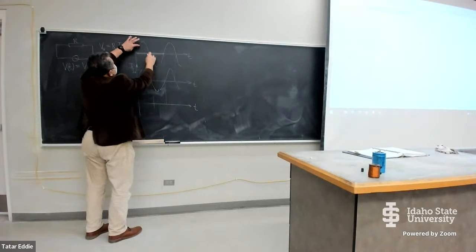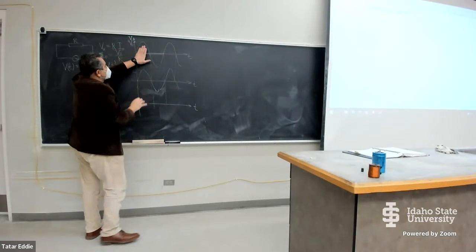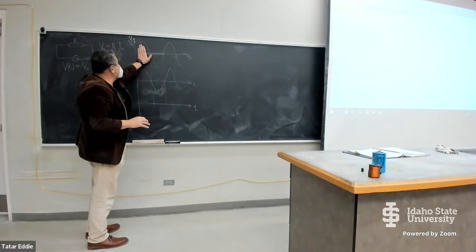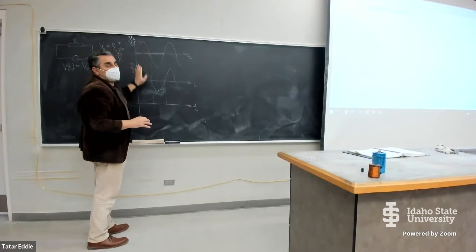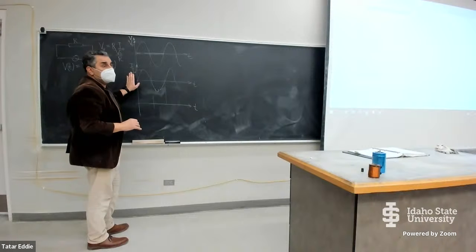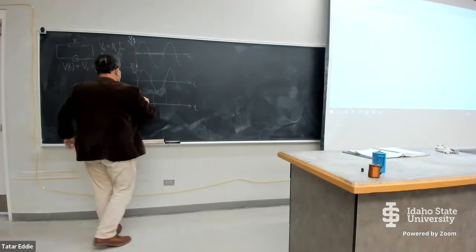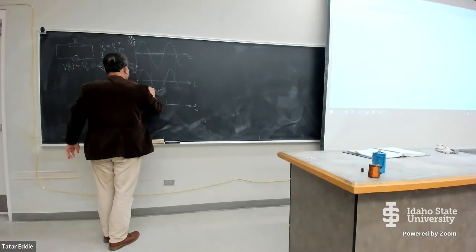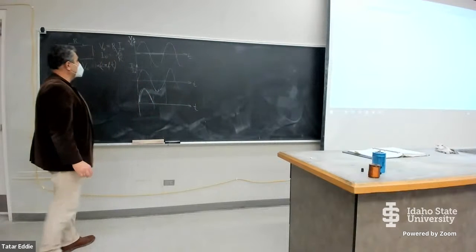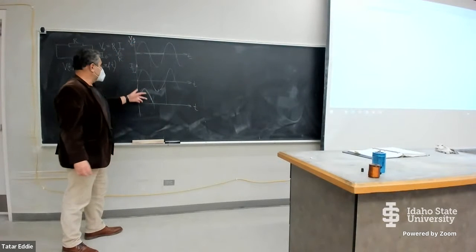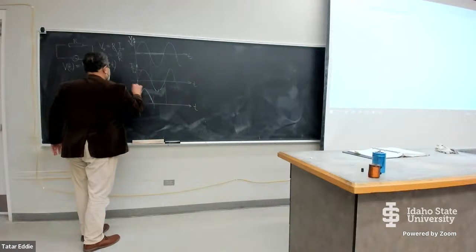So in the first half of the period, both voltage and current are positive. So the product of two positive numbers is going to be a positive number. So the product of those two is going to look like this. So this is the power.